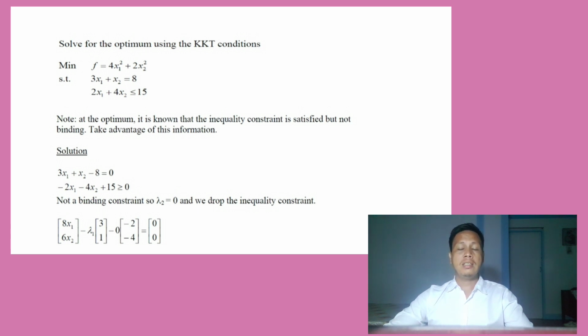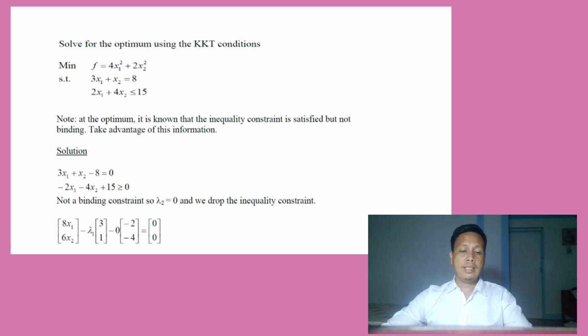For the second constraint, we have to rewrite. So this is not a binding constraint, so we have to set lambda 2 equal to 0, and we drop the inequality constraint. So we have to drop g sub 2 since the constraint is not binding.